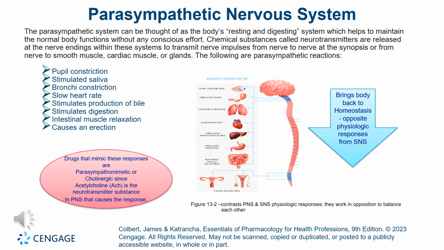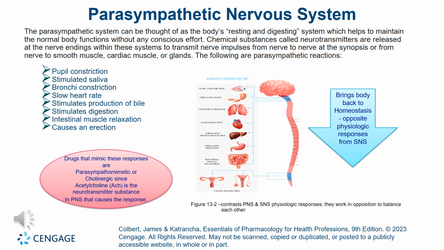The following are parasympathetic reactions: pupil constriction, stimulated saliva, bronchoconstriction, slow heart rate, stimulates production of bile, stimulates digestion, intestinal muscle relaxation, and causes an erection.